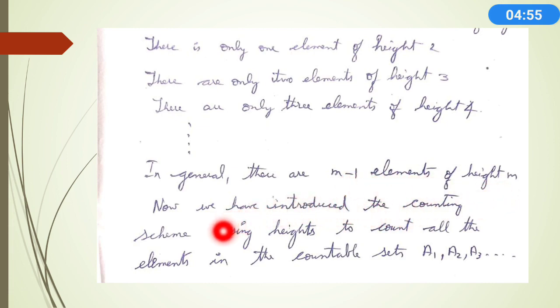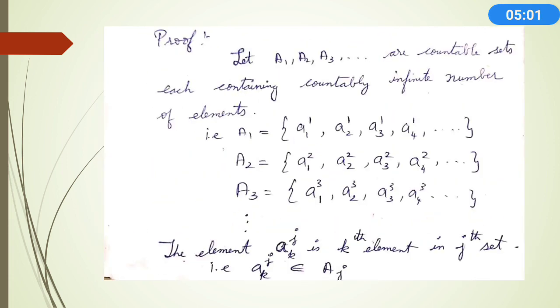So now we introduce a counting scheme using heights to count all the elements in the set. As I said, we have arranged the countable sets like this, and to count the elements, when can you say a set is countable? Either it should be finite or denumerable.